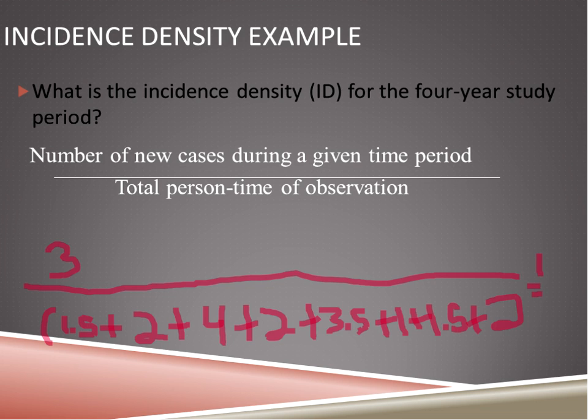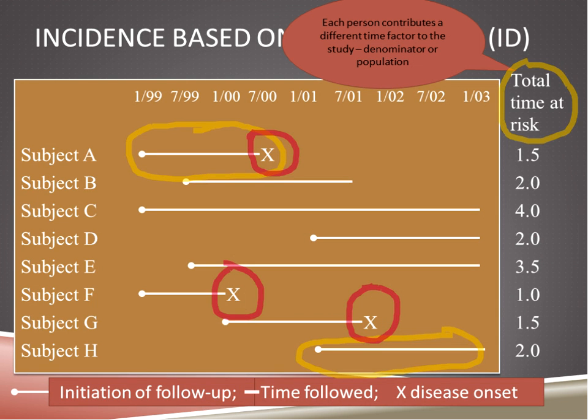And that equals 17.5 person years, and that becomes our denominator. Where I got the years is that I added all these numbers up, and this row became my denominator. I always think incidence density, D as denominator.